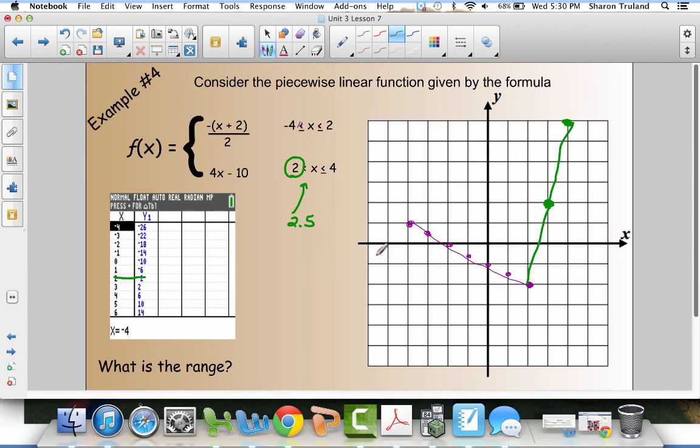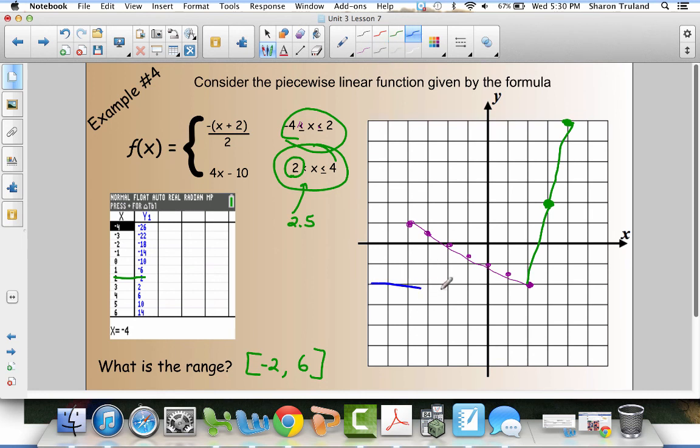All right, so my domains are already listed here, so I don't need to list my domain, but the question is asking me, what's my range? Well, my range here goes from my lowest value, which was negative 2, to the highest value, which obviously was 6. And my graph crossed every other y value.